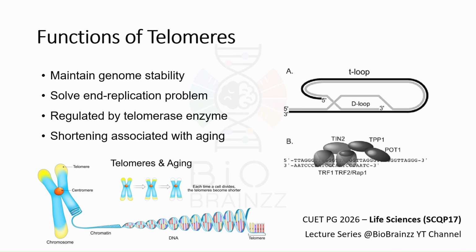The figures shown here illustrate different aspects: formation of the protective T-loop structure, binding of telomere associated proteins, and the progressive shortening of telomeres over successive cell divisions. So remember these four key functions: genome stability, end replication problem, telomerase regulation, and aging.